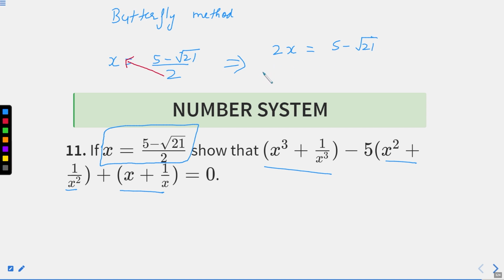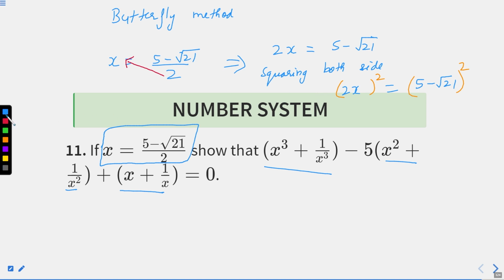Now squaring both sides. What do I mean by that? I have 2x and I have 5 minus root 21, and squaring them means putting a bracket and then a square.